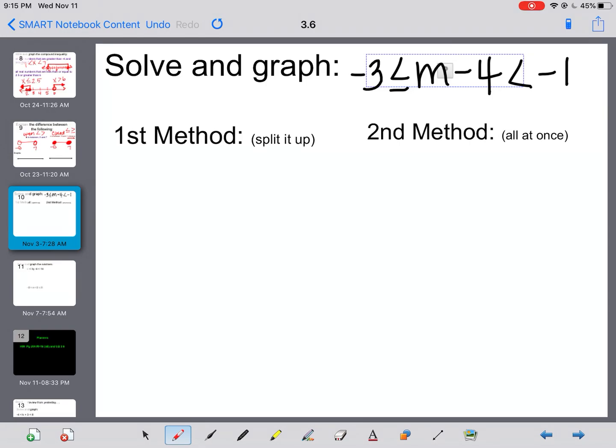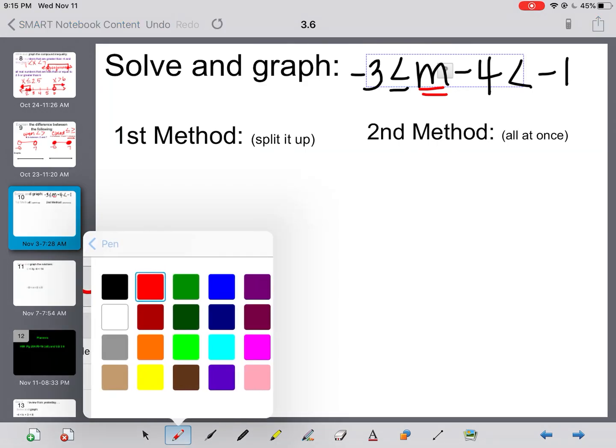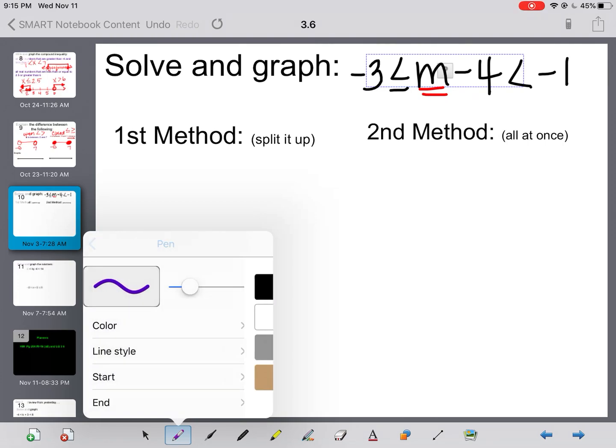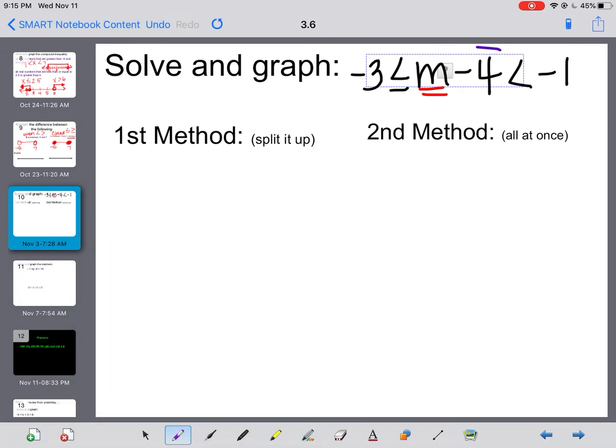Solve and graph -3 is less than or equal to m-4, which is less than -1. Okay, we now have a compound inequality that actually needs solving because we need this m to be by itself, and there's a couple different ways that you can do that. The first thing you can do is split it up into 2 separate inequalities.